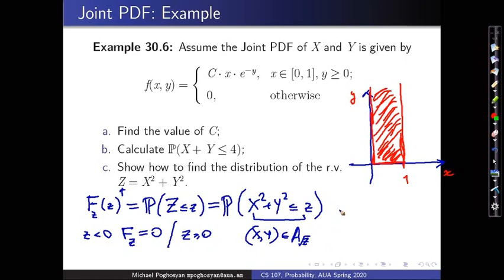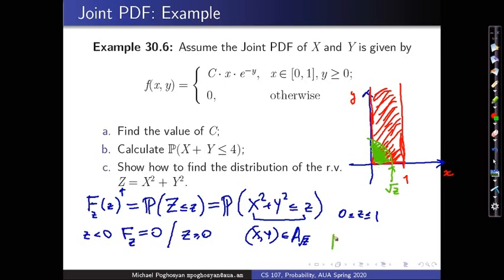The first case is when z is between 0 and 1. If z is between 0 and 1, then the radius is less than 1. So we will have something like this. So this is square root of z. And we need to calculate the probability that our point is here.